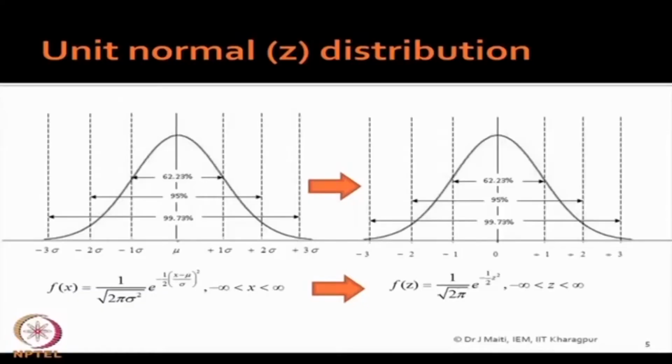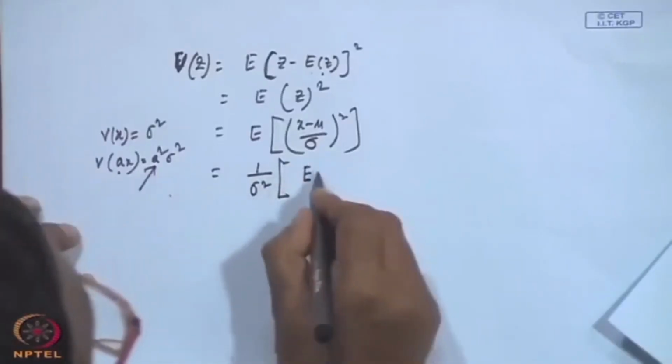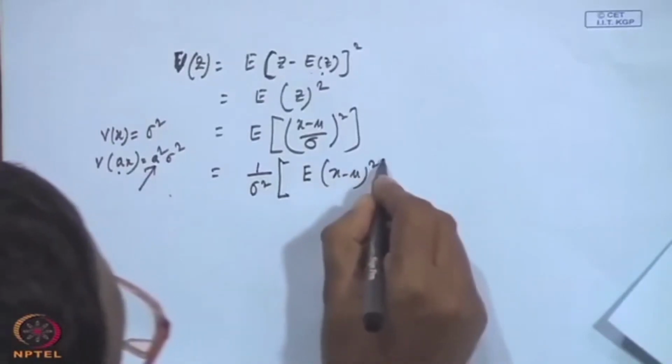So, you can write this as 1 by sigma square into the expected value of x minus mu square.